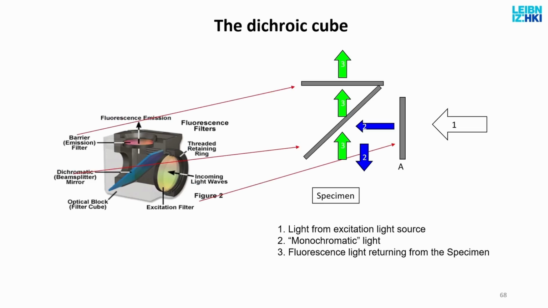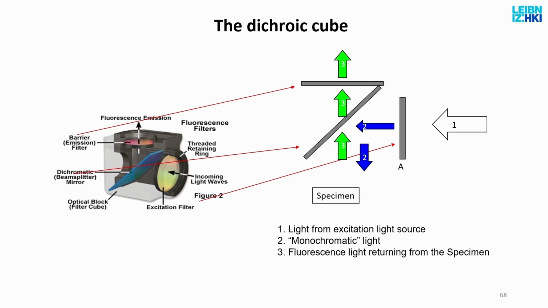Now, we have to separate the lights. And as I said, excitation and emission wavelengths are very luckily different because of the Stokes shift. So I can build a device called the dichroic cube, which is the heart of the microscope. The wheels were the objective lenses. Without this, it will not work in fluorescence.